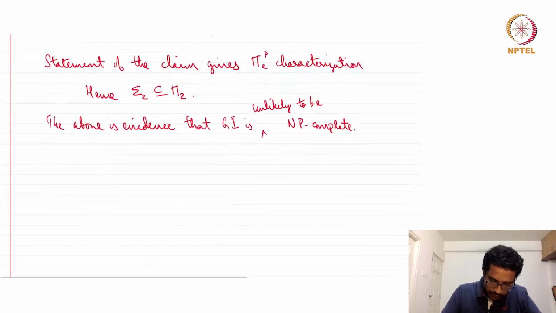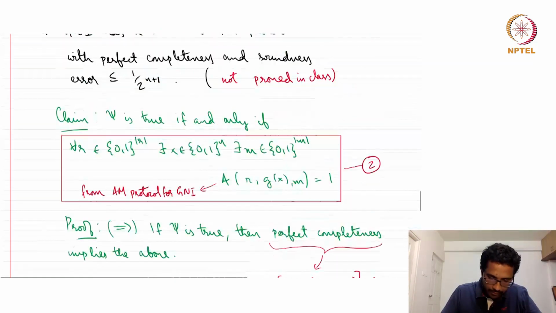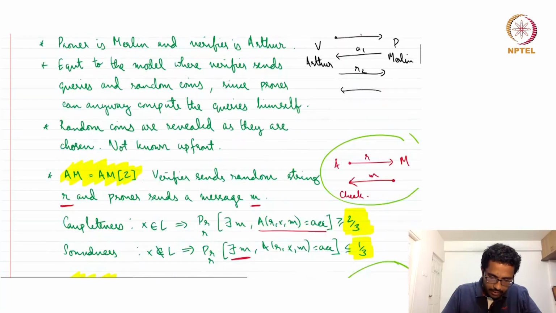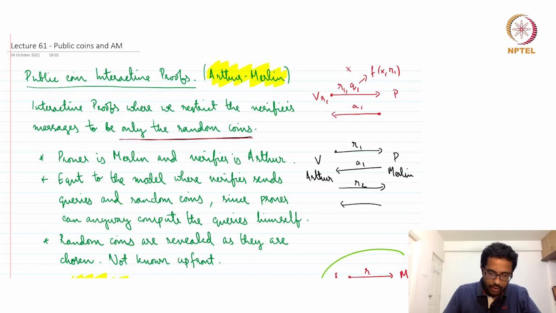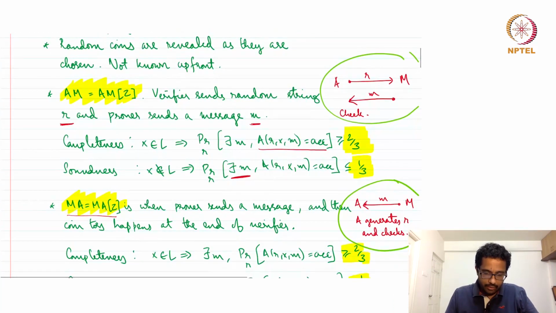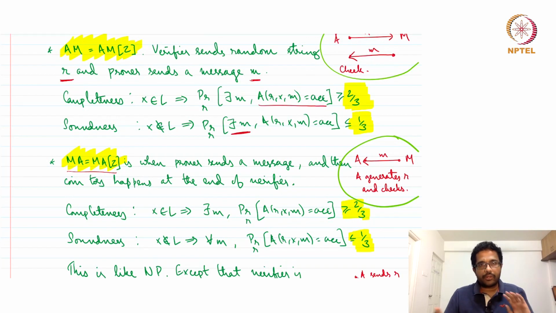And that is all that I have for you in this lecture. Just to summarize, we saw Arthur-Merlin public coin interactive proofs. We called them Arthur-Merlin proofs. Arthur is a verifier, Merlin is a prover. We saw the characterizations for two-round protocols AM and MA, or two-round proof systems AM and MA. We saw the completeness and soundness for these two.